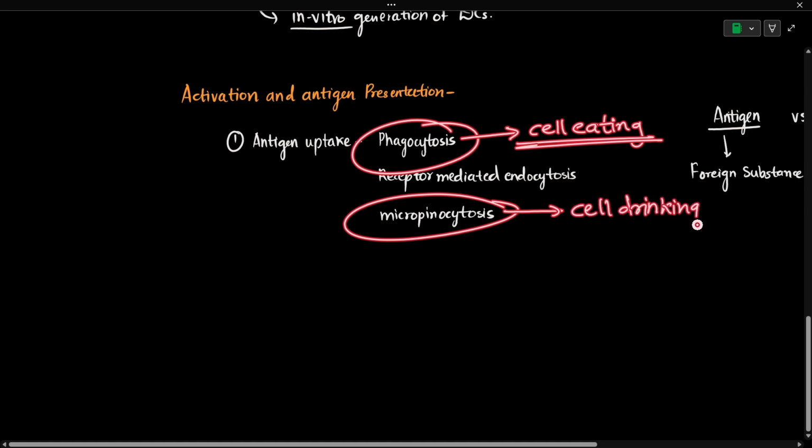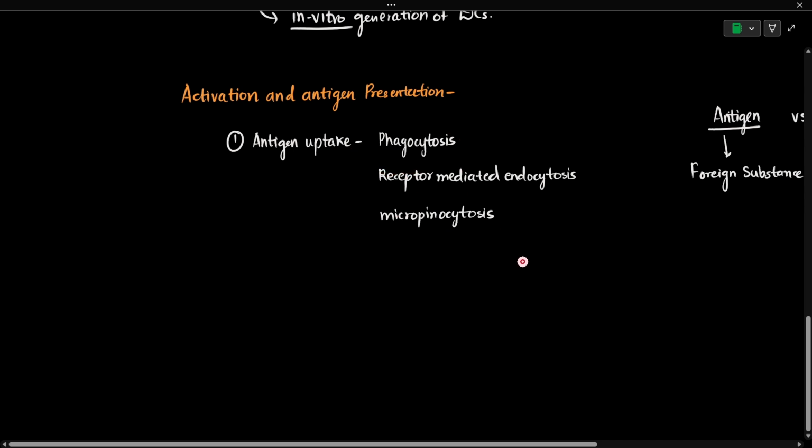Okay, for now, knowing this much is enough. So by phagocytosis, receptor-mediated endocytosis, or macropinocytosis, the antigen will be taken in by the dendritic cells. Once the antigen is taken in, they are going to induce the innate responses, as well as present this antigen to the adaptive immunity.